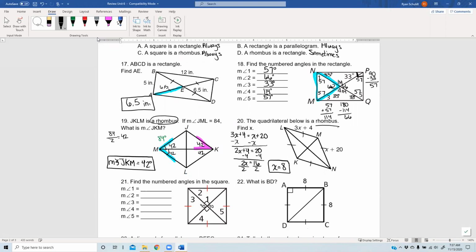The diagonals also cut each angle in half because it's a rhombus. So normally squares have 90-degree angles, but 90 cut in half is 45. So all of these smaller angles are 45.